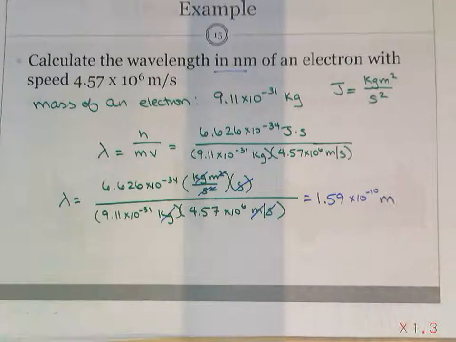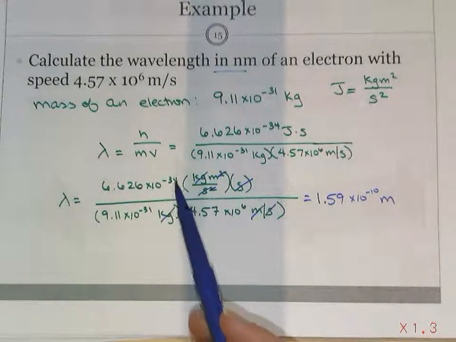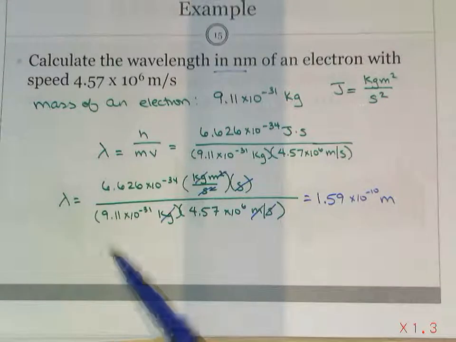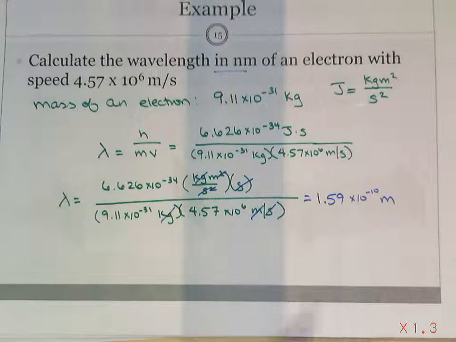Yeah, okay. That makes sense to me because I got -34 and -31, so that'd be positive, no, -5. So yeah, that's about the right ballpark. Are we done? No, I need to get into the nanometers. I ran out of space, but you could just keep converting over here.